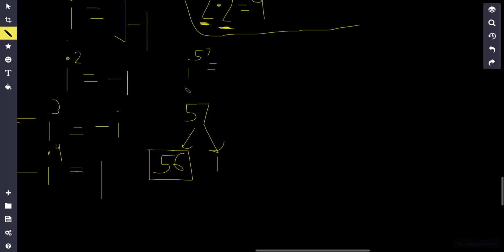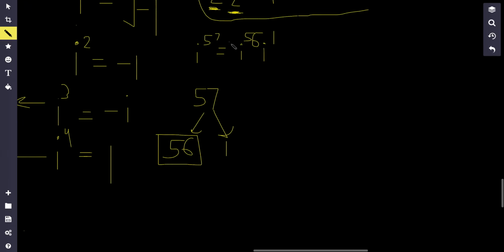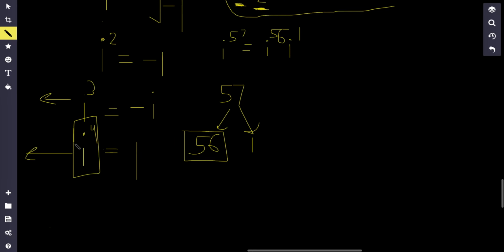So in this case, I'm breaking i to the 57 into i to the 56th power times i to the first power, right? Because you can still use your exponent rules for imaginary numbers, okay? Now, the reason why you break it up into multiples of 4 is because we know that i to the fourth is equal to 1.